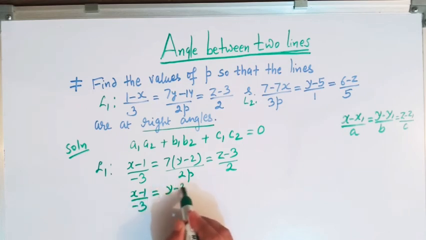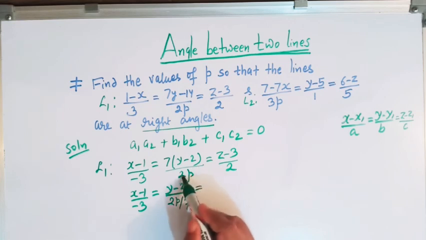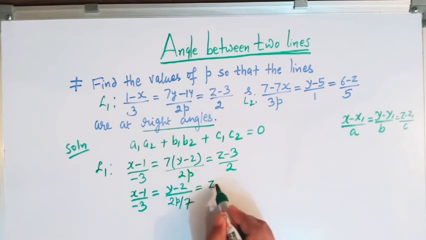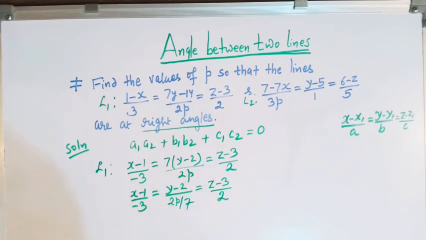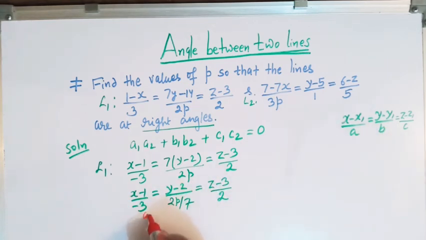Then we have y minus 2 divided by 2p divided by 7, taking this 7 to the denominator of 2p, and here we have z minus 3 divided by 2, right? So now this equation is in this form, right? So this is a1, this is b1, and this is c1, right?